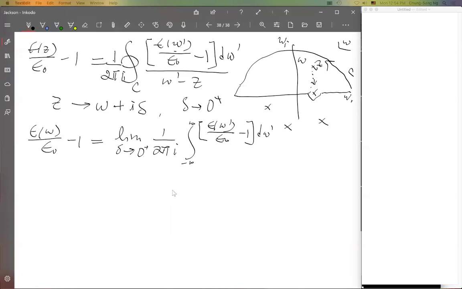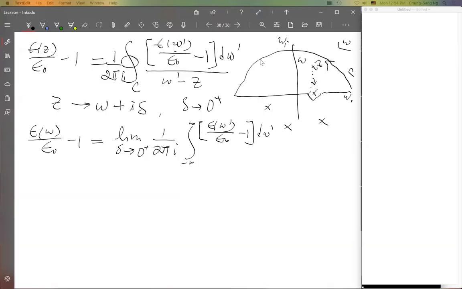And the contribution from the semicircle when omega goes to infinity doesn't contribute, because we have established that this function goes to 0 at least as fast as 1 over omega squared. Okay, so that's 1 over omega squared here. And then you integrate along this path.